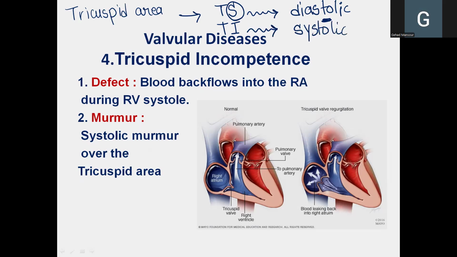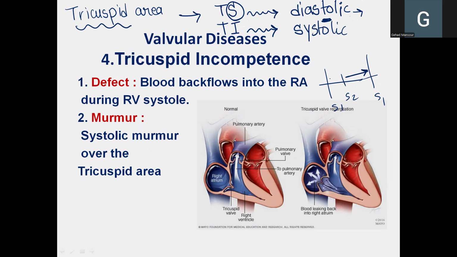So again, if you hear the murmur best on the tricuspid area, and you want to know whether it is stenosis or incompetence, then it is the tricuspid valve that is injured. Diastolic means, if this is S1, S2, the next S1, then between S2 and the next S1.